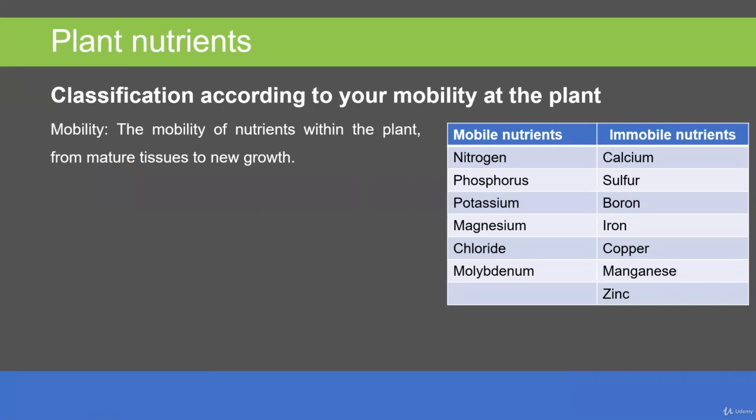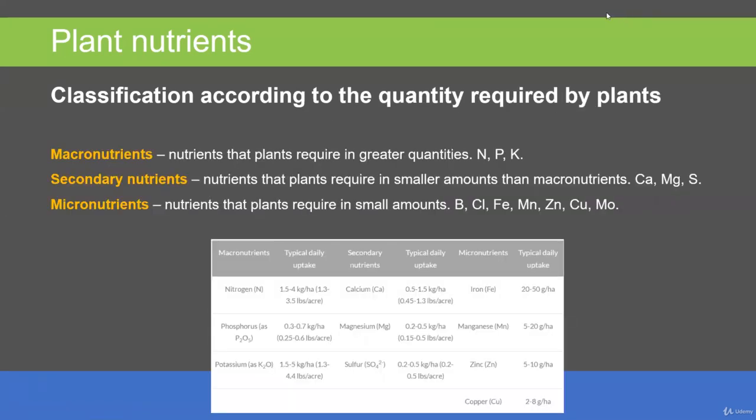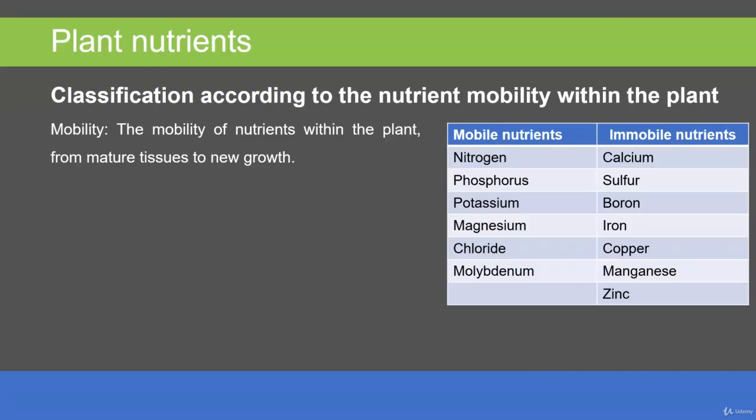Another classification is according to the mobility in the plant. The mobility of the nutrient within the plant refers to its mobility from mature tissue to new growth. So mobile nutrients are nitrogen, phosphorus, potassium, magnesium, chlorides, and molybdenum.